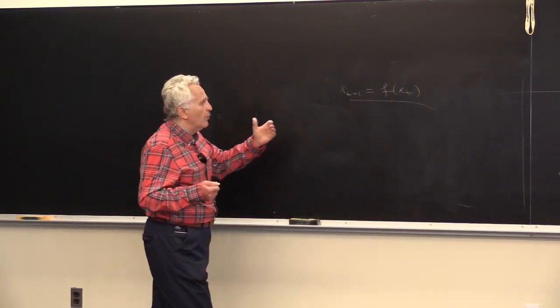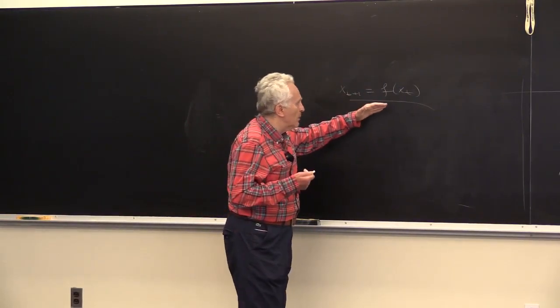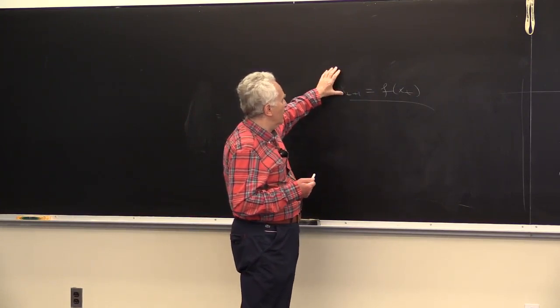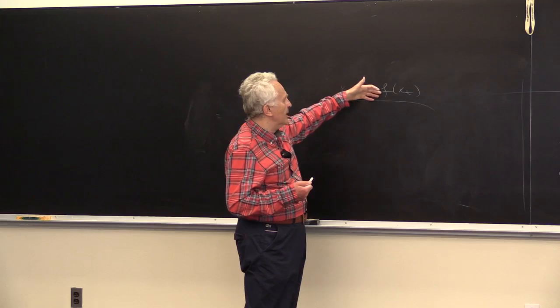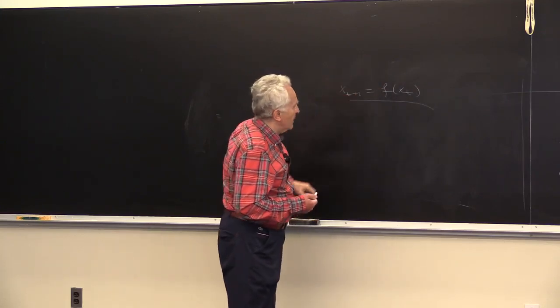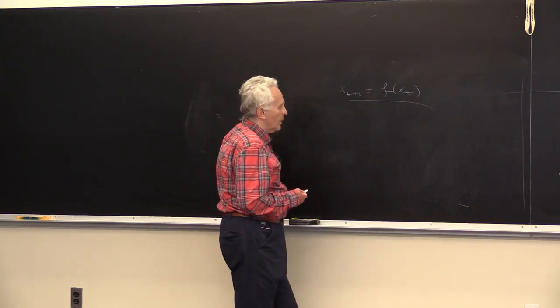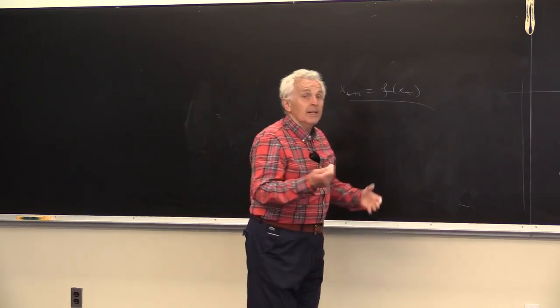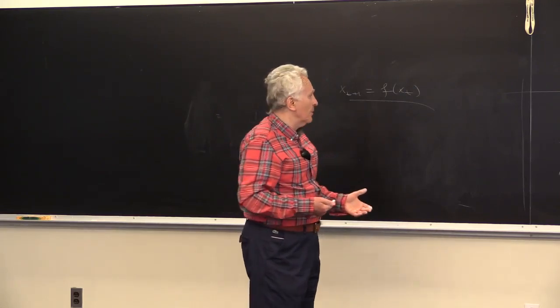But for that, you hope to find universality, that the asymptotic behavior does not depend on the details of this function. Only then can it describe nature.